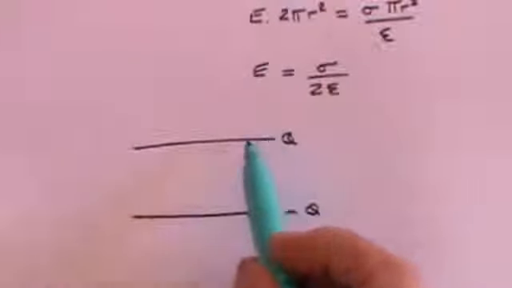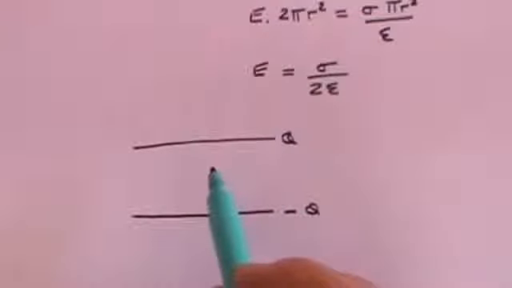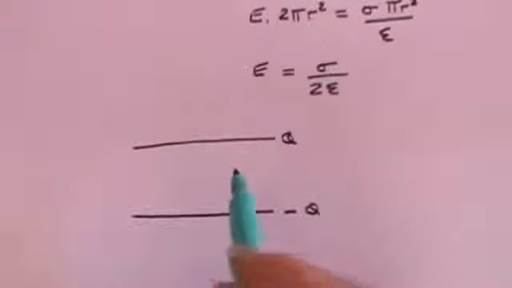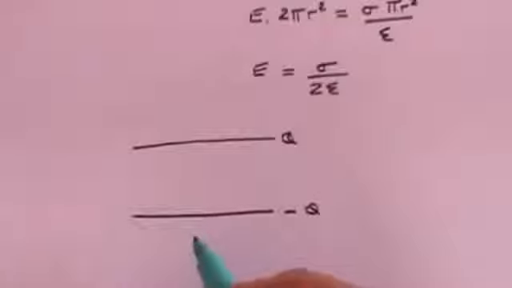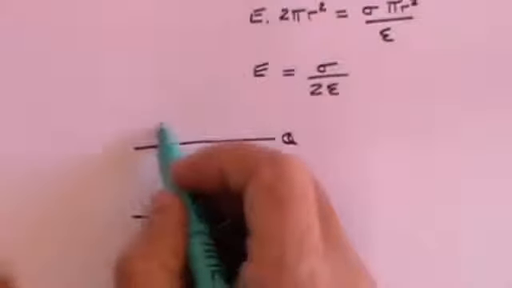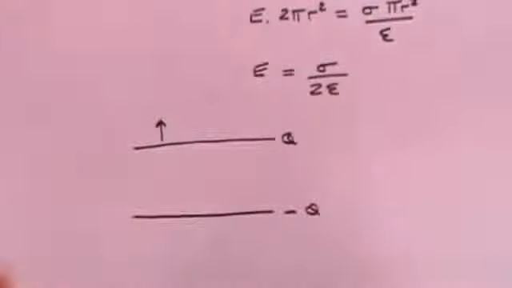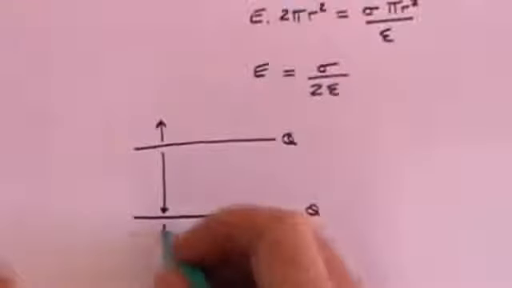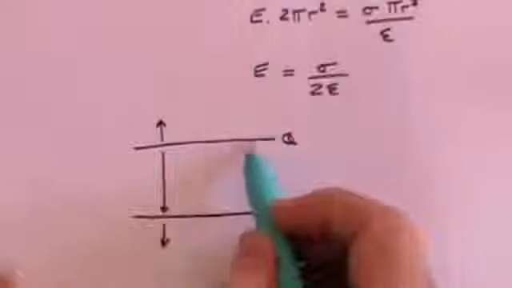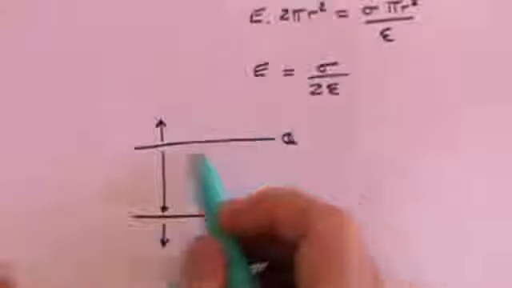That will have an E field which goes out from the plate. The E field always goes out from a positive charge. And remember, it's constant in space. It doesn't vary. So there will be an E field going in that direction. There'll be an E field going in this direction and an E field in this direction, all due to this plate here.